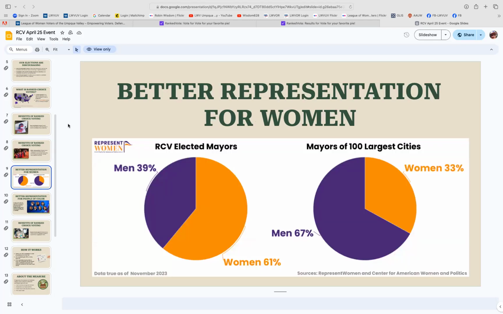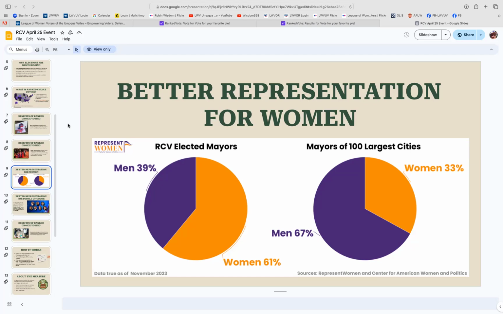So it's also leading to better representation for women. So here, there is a case study by Represent Women. They are a national organization that looks at different election outcomes and how they impact women that are running for office. So what we're looking at here is that in the 100 largest cities in the United States, without ranked choice voting, women are only winning 33% of those seats to office, while men, on the other hand, are winning 67% of those seats.